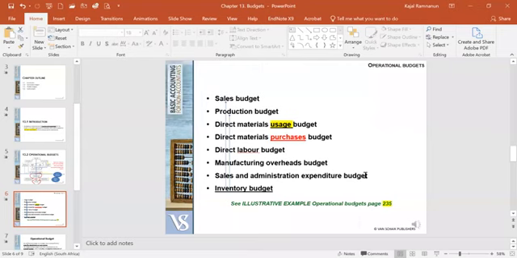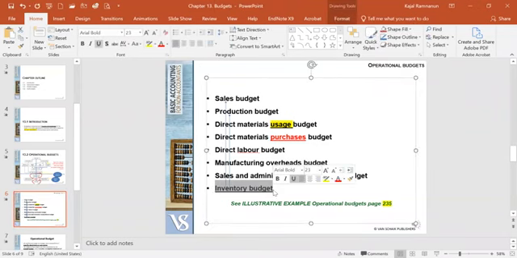Why? Because you're going to produce what you expect to sell, because you don't want to overload the inventory budget and keep more than you actually need. Why do you not want to do that? Why would a company not want to hold too much in their inventory, but rather meet their budget with production filtering into sales? It's self-explanatory.